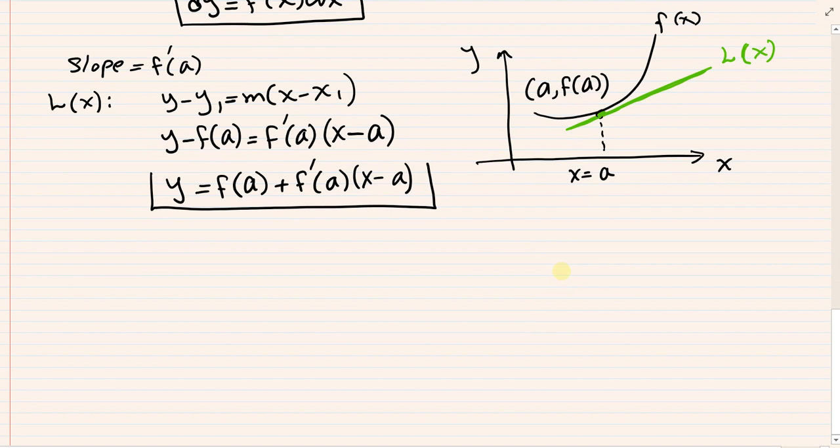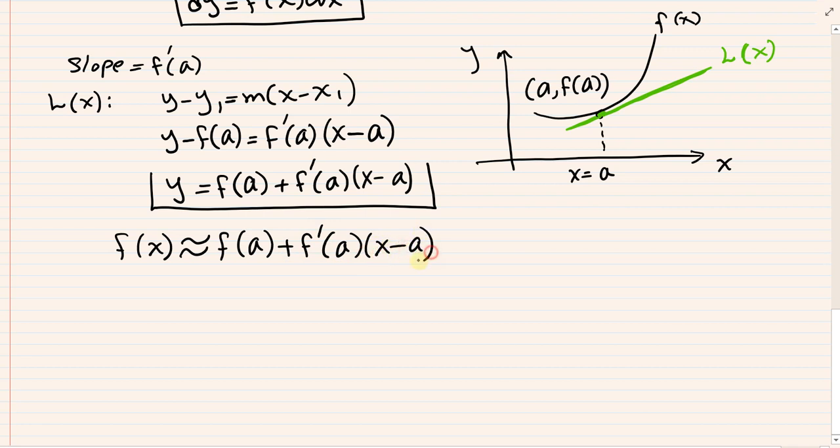So therefore, we can say that the value of the function f of x is going to be approximately equal to the value approximated by that straight line, f of a plus f prime at a times x minus a. And this is what's called linearization.